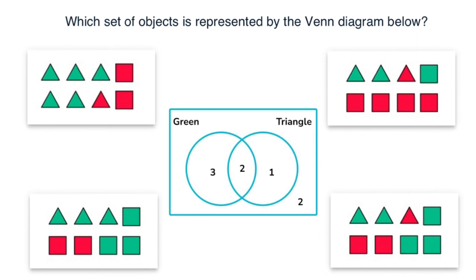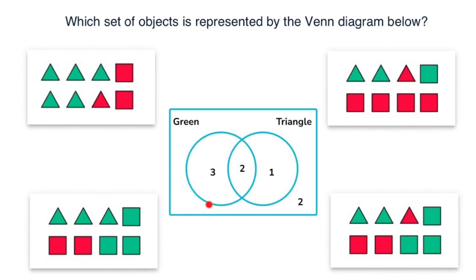So I recommend you pause the video here and try to find which set of objects is represented by the Venn diagram below. Which variant should you choose? How do we analyze such a Venn diagram? Here we have one circle and three unique objects.